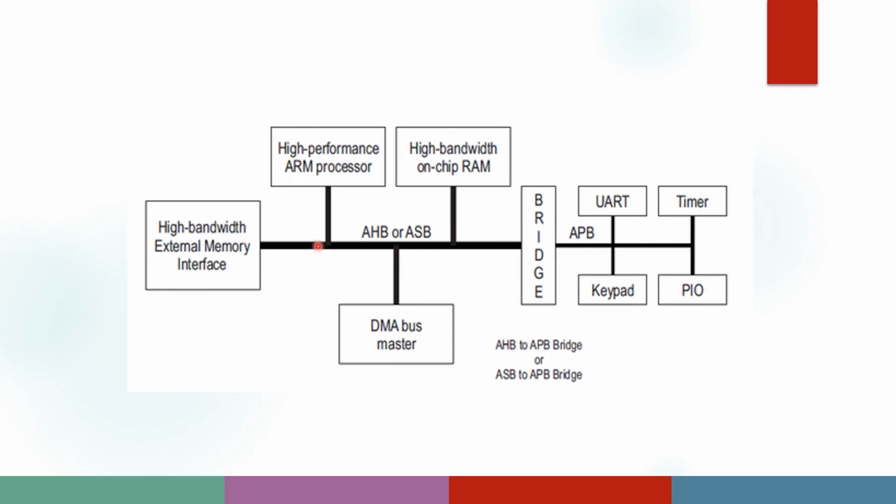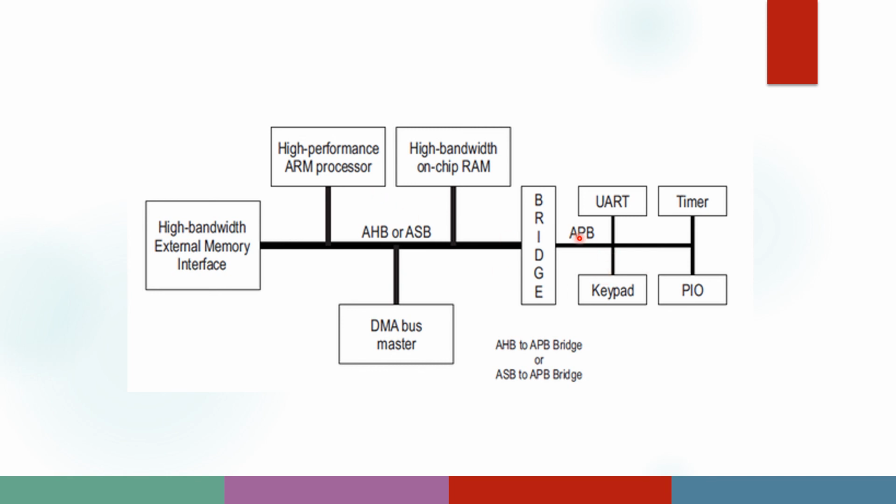So we have talked about these three types of distinct buses: the advanced high performance bus or advanced system bus, and here we have the advanced peripheral bus. Now, basically what you understand from this figure is that you can clearly see a bridge which interconnects the demarcation shown here.